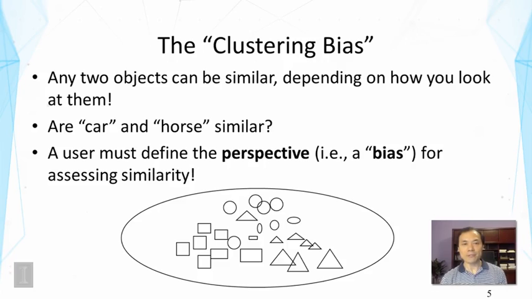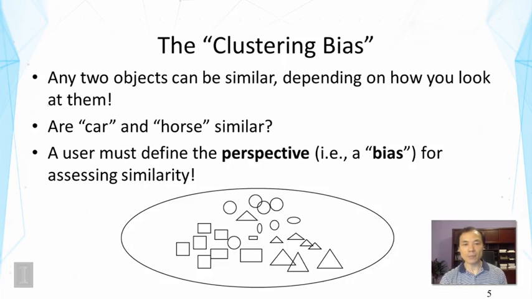When you define a clustering problem, it's important to specify your perspective for defining the similarity that would be used to group similar objects. Because otherwise, the similarity is not well defined and one can have different ways to group objects.